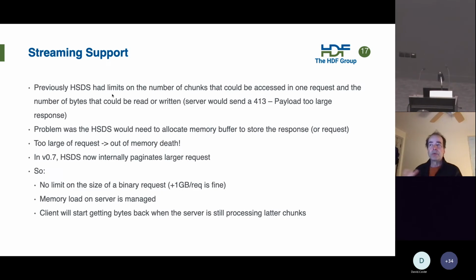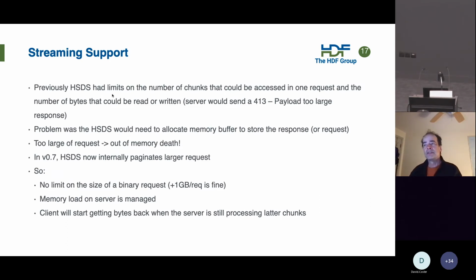And then that memory would live for the lifetime of that request. If the request was to write a gigabyte of data, and the server tried to allocate a gigabyte, it wouldn't have enough memory. That's annoying for some clients. They'd be forced to paginate on their side. So rather than a 1 gigabyte request, they would do maybe 10 100 megabyte requests.